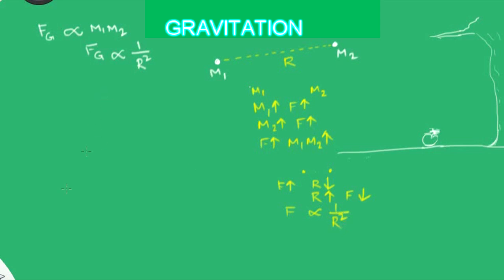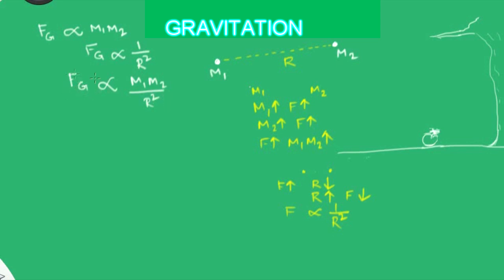Though I understand that the force is proportional to the product of the masses and inversely proportional to the square of the distance, I club these together. The force is proportional to the product of the masses and inversely proportional to the square.